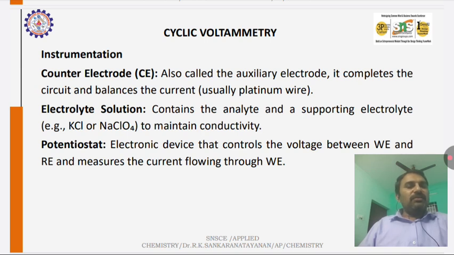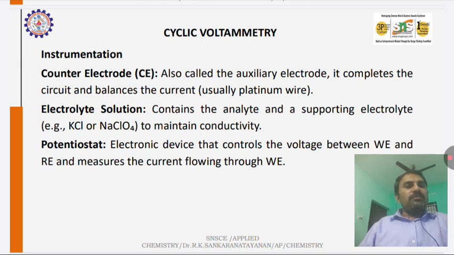As I said, a platinum wire is used, and the electrolytic solution will differ based on the experiments. If you are taking other catalysts or materials, it will differ, for example potassium chloride or sodium hydroxide. Why do we use electrolyte? Especially for conductivity.